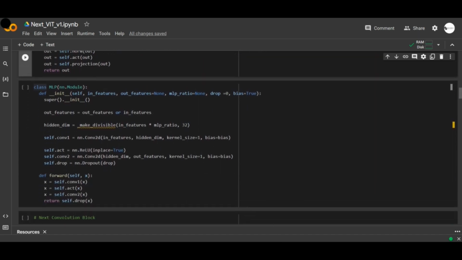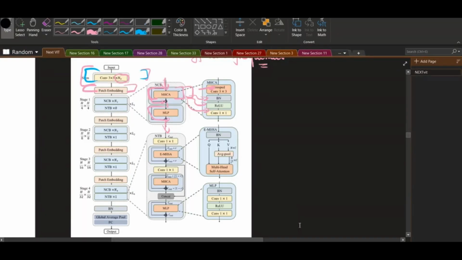As a refresher, if we take a look at the diagram, I'm just going to try to erase this to make it nicer. So we have this input, it goes into the multi-head convolution, which is coming from the patch embedding. Then we push it into the multi-layer perceptron. We can see that we have these residual connections within each sub-layer of this next convolutional block.